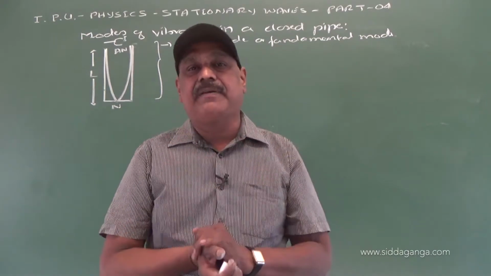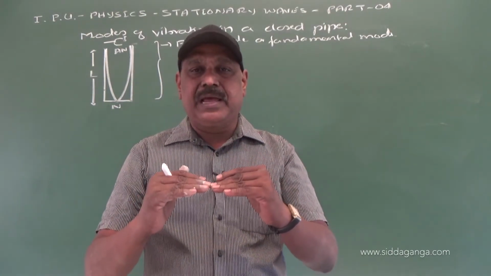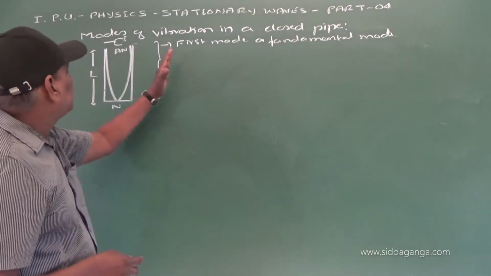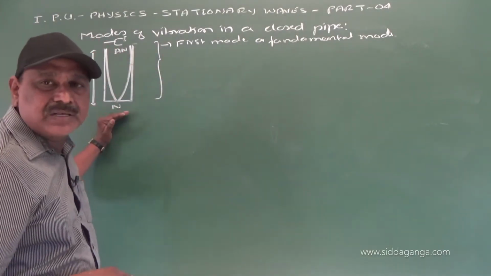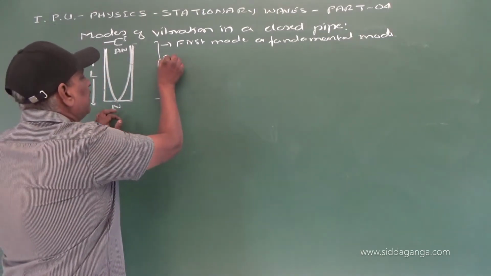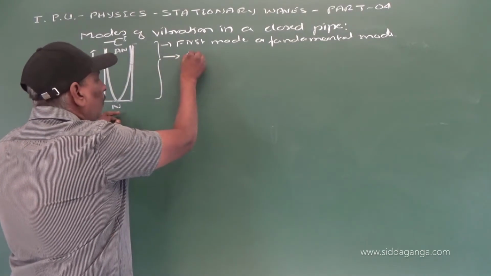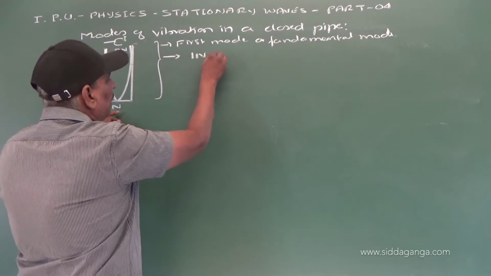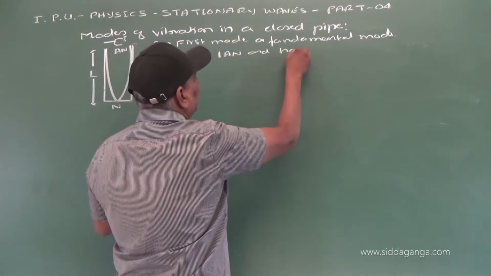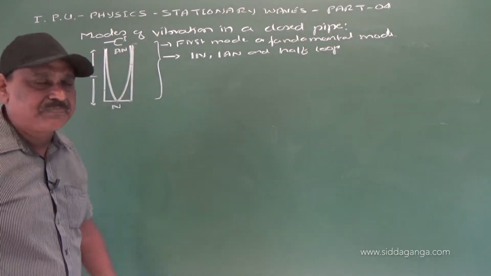But in case of a closed pipe, a node is always formed at the closed end and an antinode at the open end. So this is the minimum number of possible nodes and antinodes: one node, one antinode, and this is a half loop. It is not the complete loop, it is the half loop.